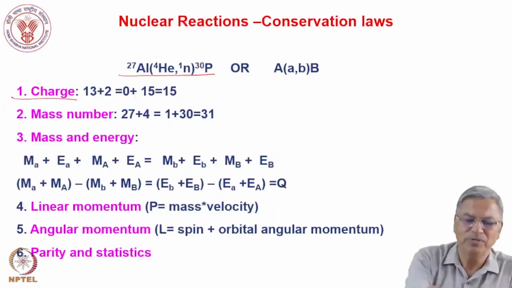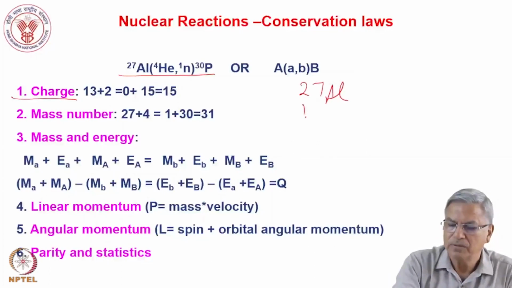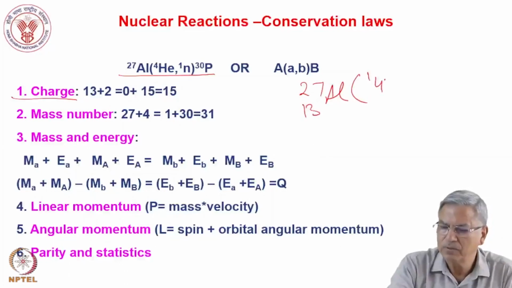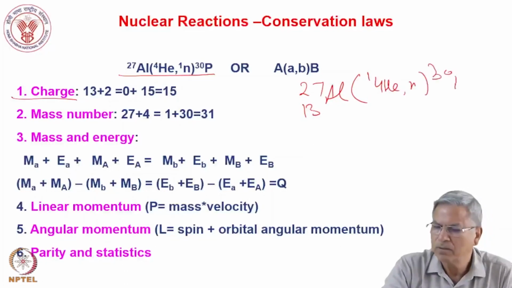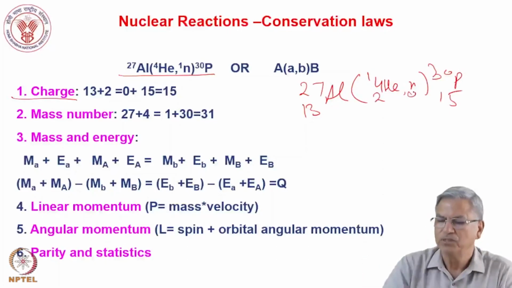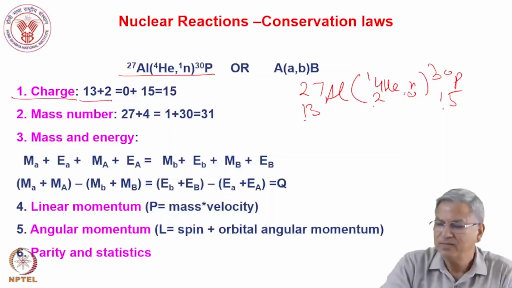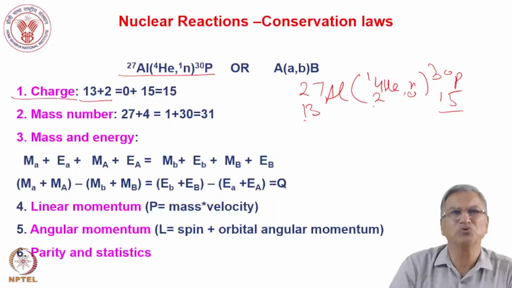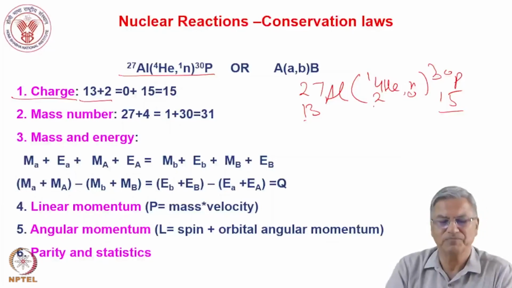For example, aluminum-27 has 13 as the atomic number, so it is 15, 2 and 0. So 13 plus 2 is 15, and it is 15 here. So the atomic number is conserved. The number of protons in any nuclear reaction is conserved.